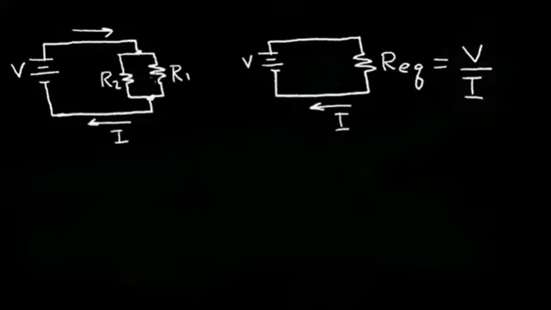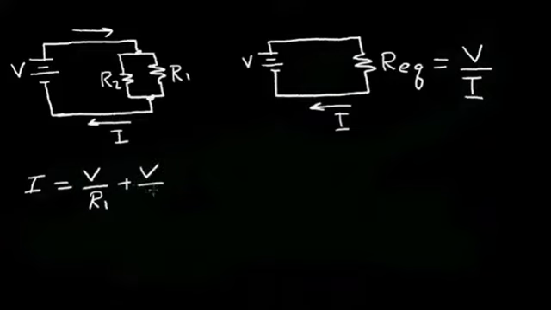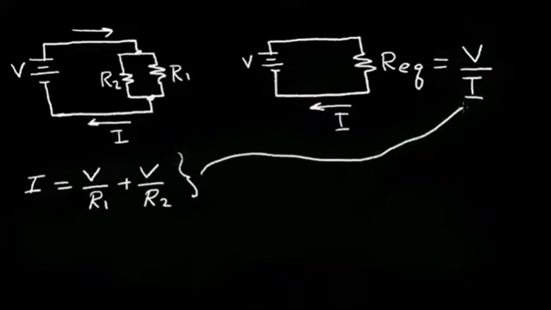And we can calculate the current in R1 and R2 and add them together and get the current I. So the current I is equal to the current flowing in the R1 branch, which is the voltage across R1 divided by R1, plus the other current flowing in R2, which is the voltage across R2 divided by R2. And we can substitute this expression into this equation here, and we can solve for Req.